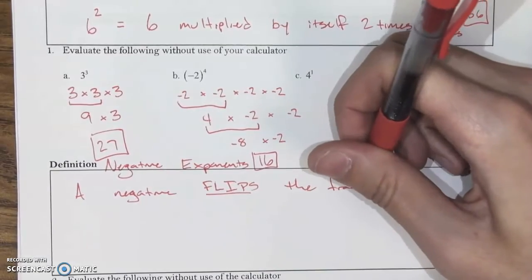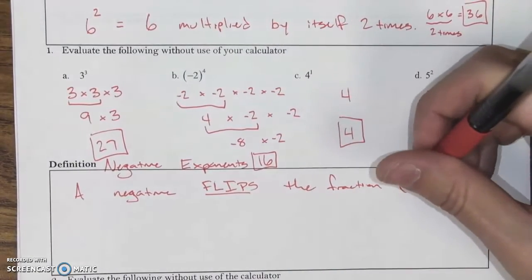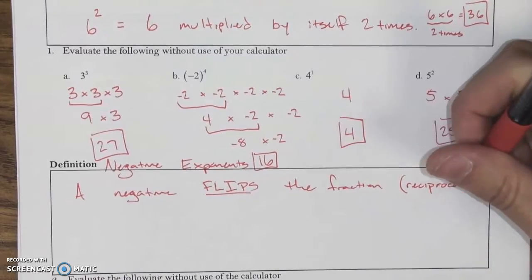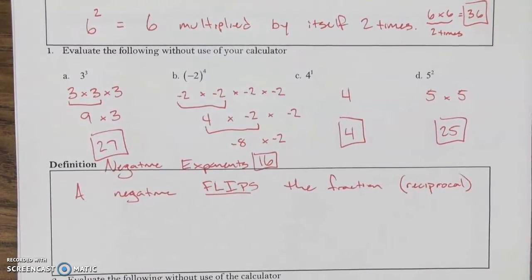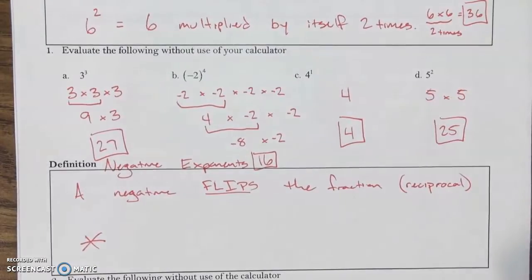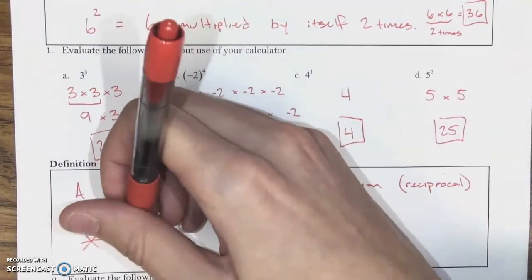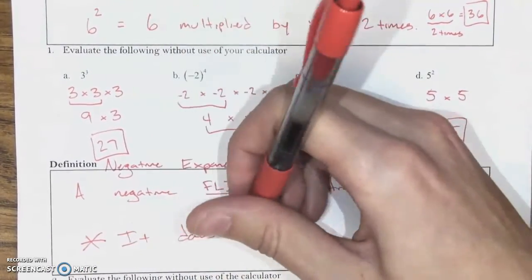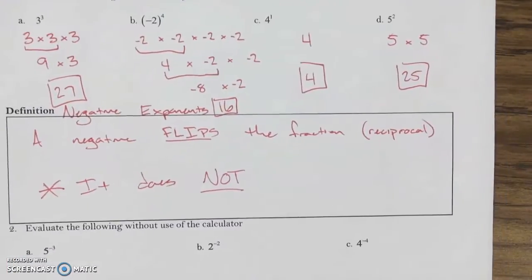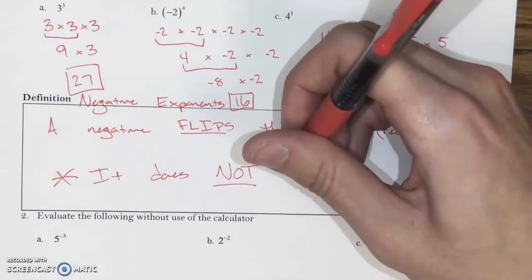And we've got a special name for that in math. We call that the reciprocal. A note, it does not make the term negative. This is one of the biggest mistakes that we see students make. It does not make the term negative.